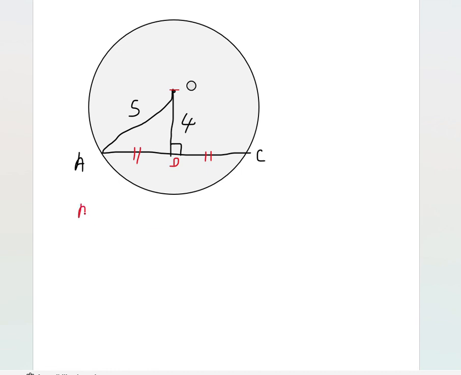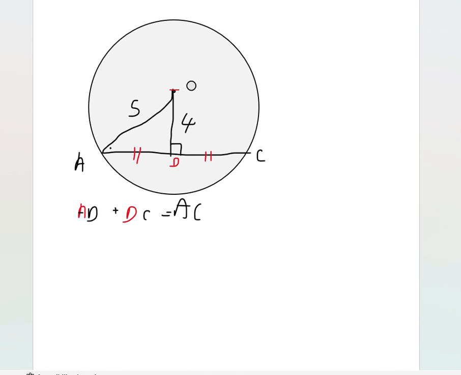So if AD plus DC is equal to AC, we are saying that AD is the same as DC. And we are required to solve for AC.